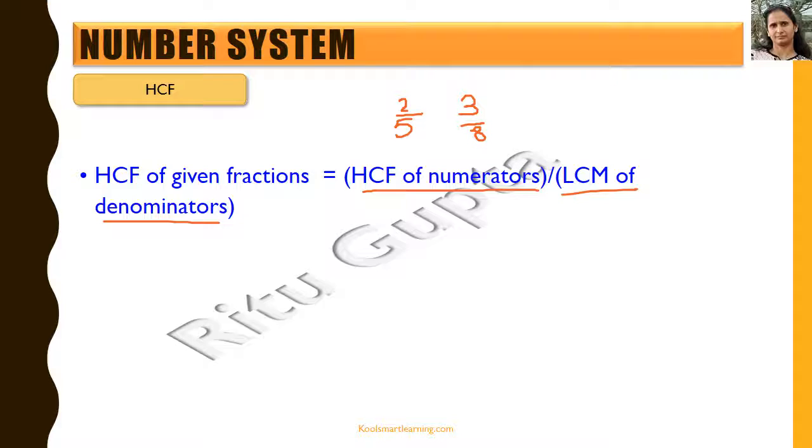So the final HCF of these fractions would be the HCF of the numerators as the numerator, and we take the LCM of the denominators and put that in the denominator. So that comes out to be the HCF of given fractions. So now in this case, HCF of 2 and 3 is 1 and LCM of 5 and 8 is 40. So we say that 1 by 40 is the HCF of these two given fractions.